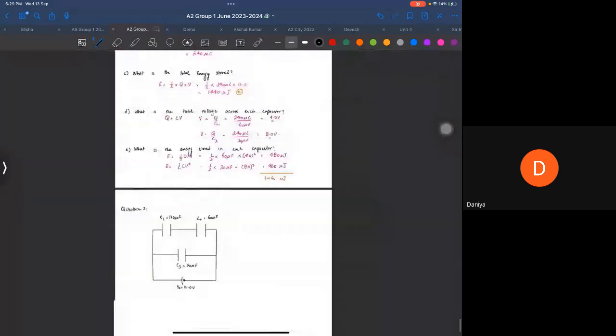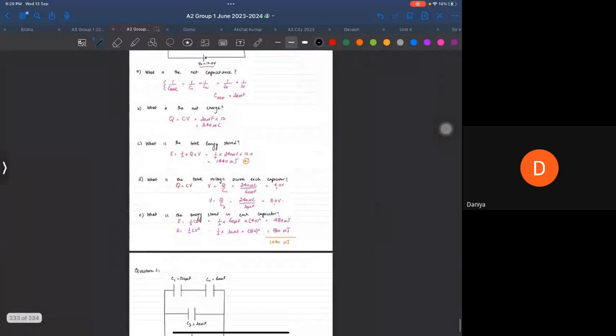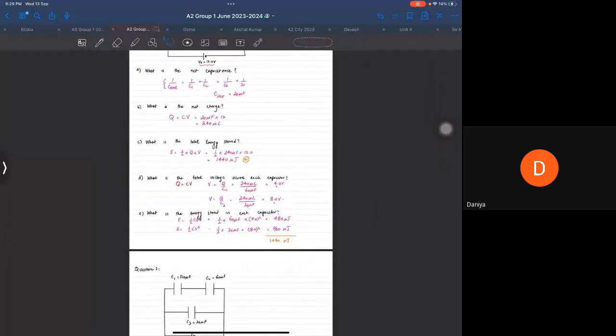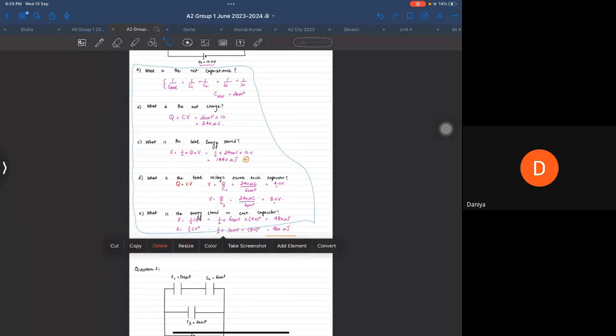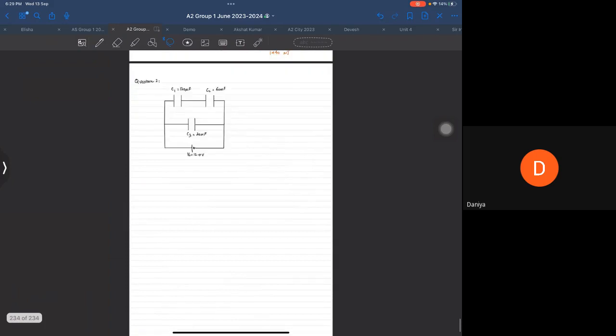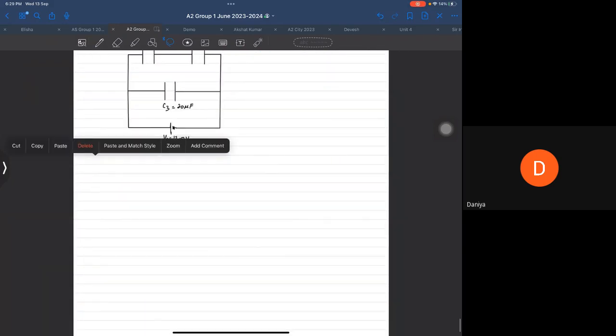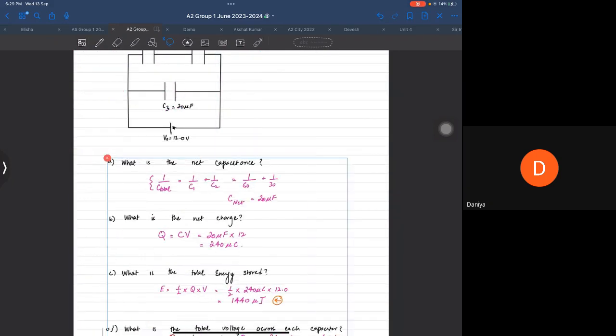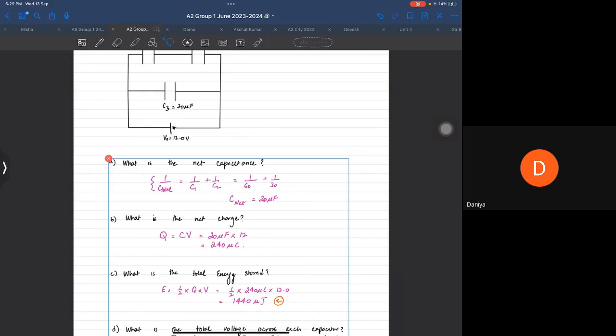Wait a second. Let me make it a bit simpler in that case. And copy this. Okay, wait, let me put it here and I'll erase the other stuff.